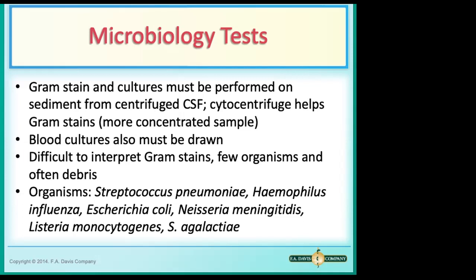But micro does have several other methods that are available that can give us some information about a preliminary diagnosis, especially when we're really thinking that this is going to be a meningitis.